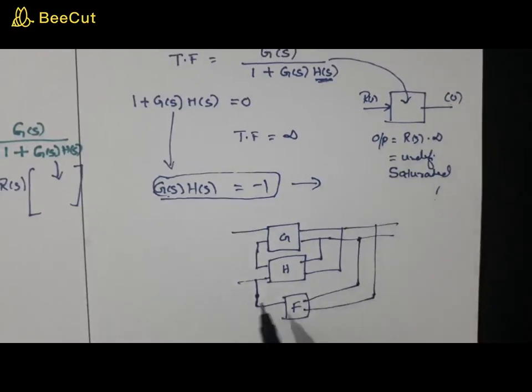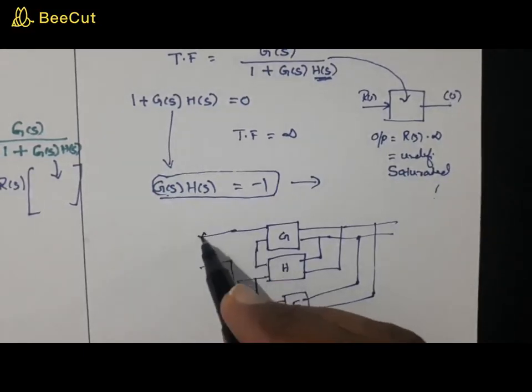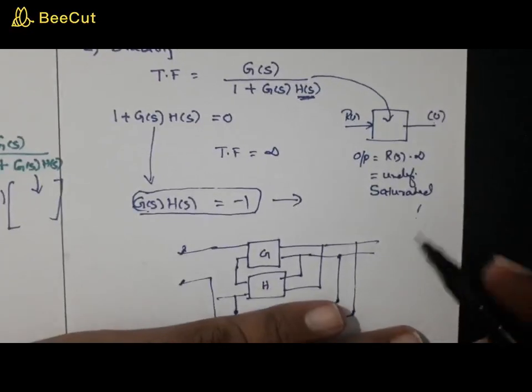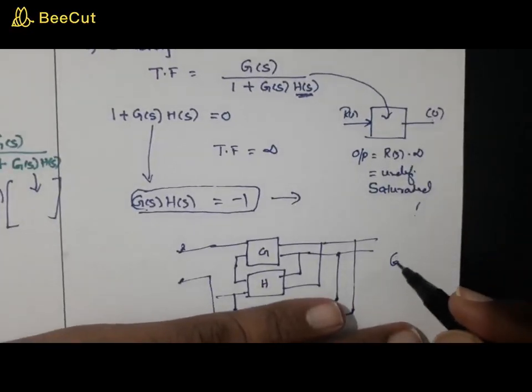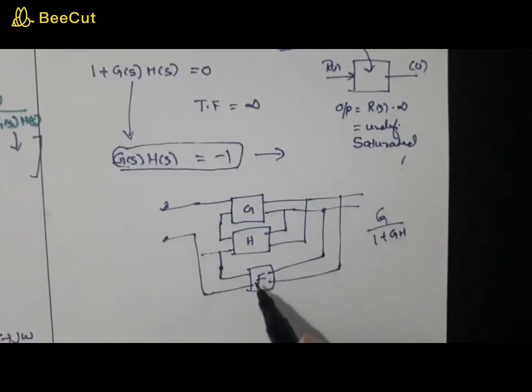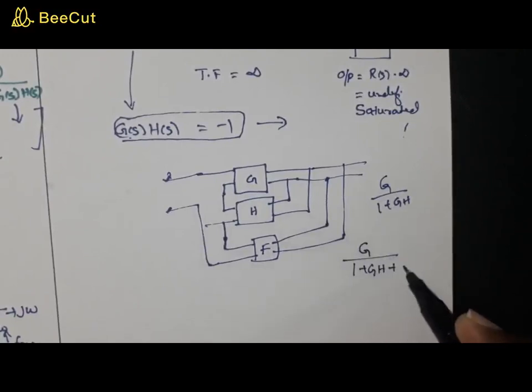What will happen? First of all, if you don't have this, the equation will be G by 1 plus GH. By the introduction of this feedback, this equation becomes 1 by 1 plus GH plus GF.